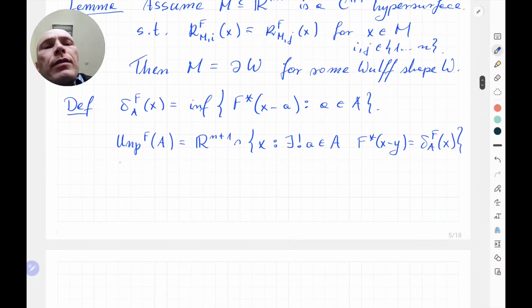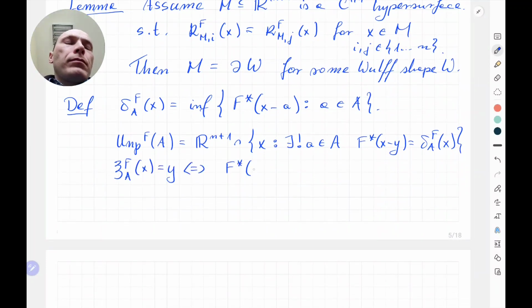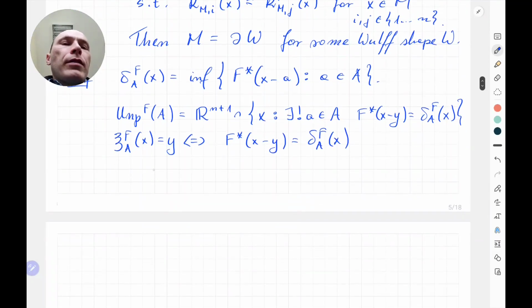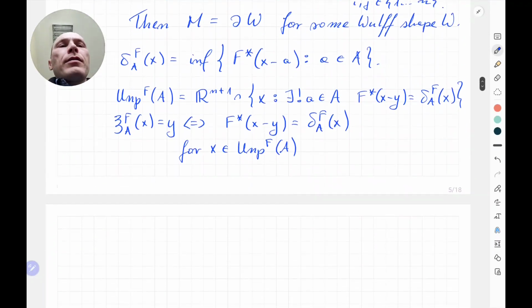Having that, we can define the nearest point projection, and this one is defined only on Unp.